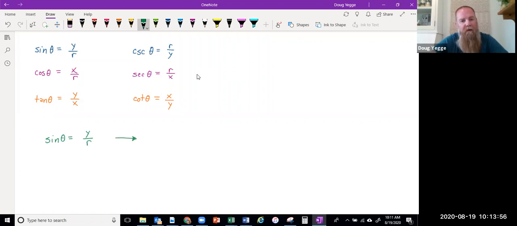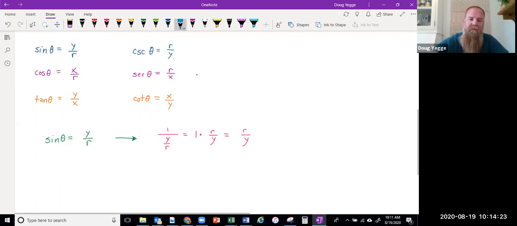Well, let's just take a look now at the reciprocal of sine theta. The reciprocal of sine theta is 1 over y over r, which by algebra is just 1 times r over y, which is actually just r over y.